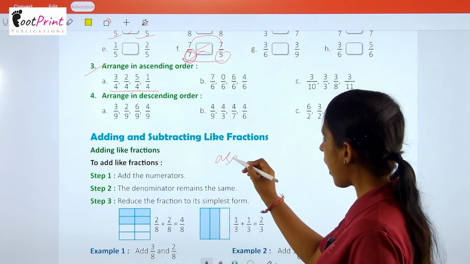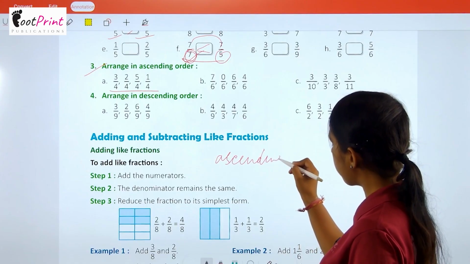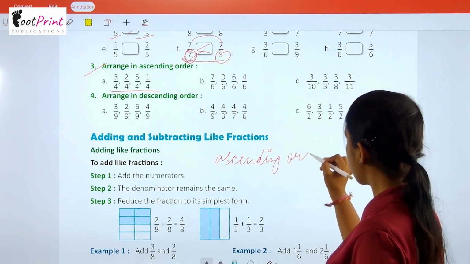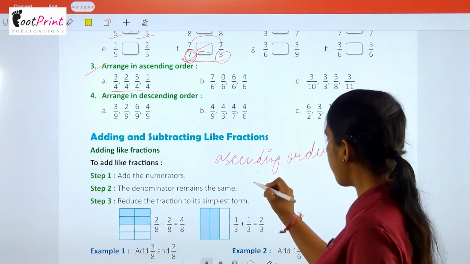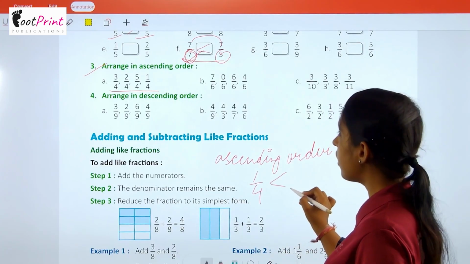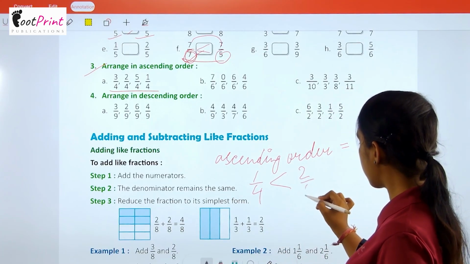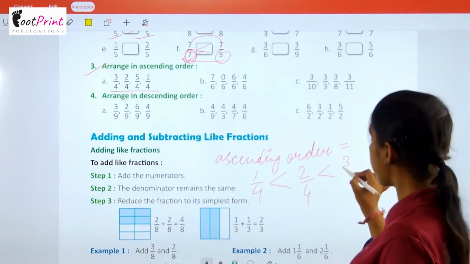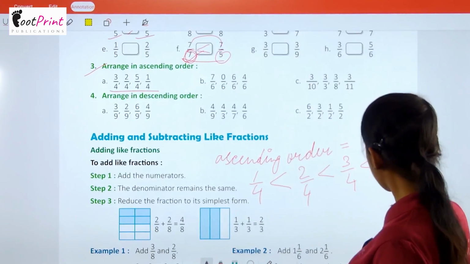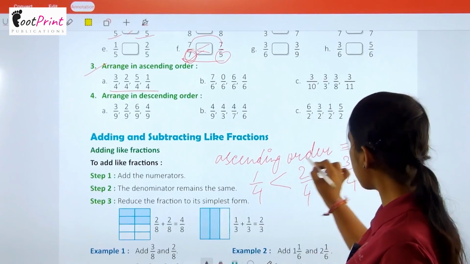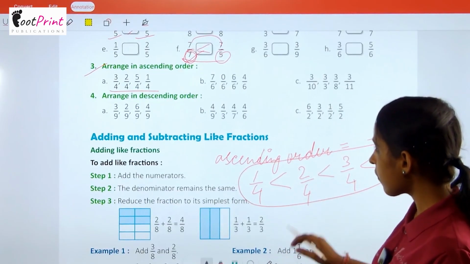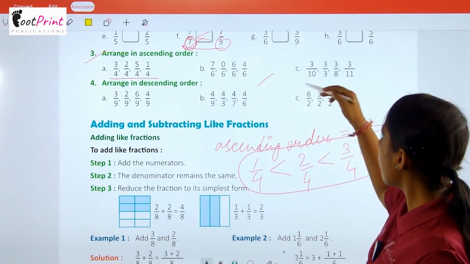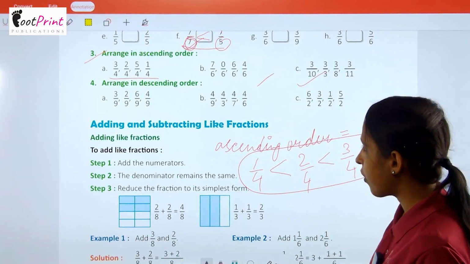So we will write the ascending order of these fractions equals to, here 1 by 4, then 2 by 4, after that 3 by 4 and then 5 by 4. So it will become in ascending order. Okay. Just like that you will solve the rest of the part of this question.